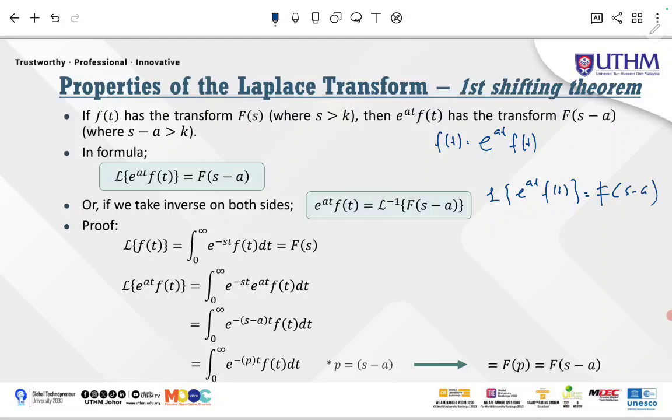Remember, the Laplace transform of f(t) gives F(s), but the Laplace transform of this form of function gives F(s minus a). So how do we get this? Let me show a few steps to prove the first shifting theorem.